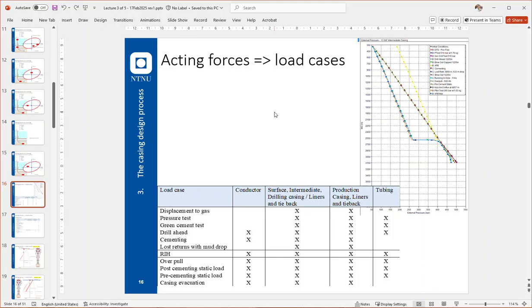Next load case is called run in hole. Basically, this is a situation where we are doing torque and drag analysis, and it's not done in any casing design software, but in drilling design software in most cases.